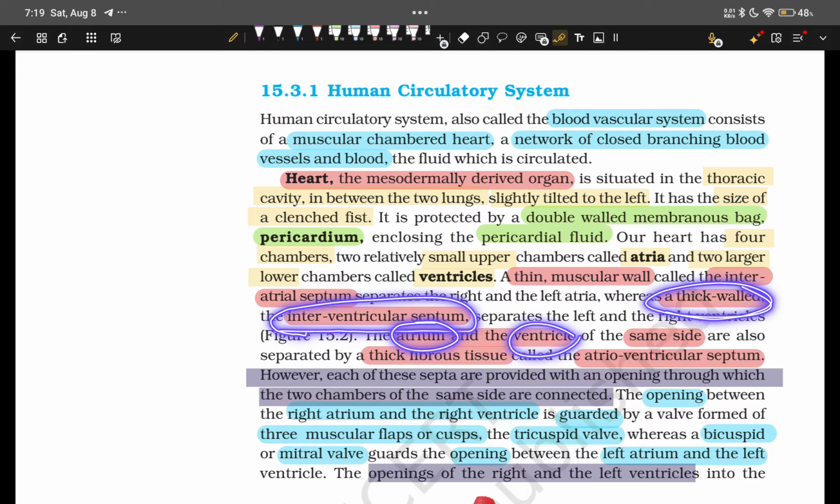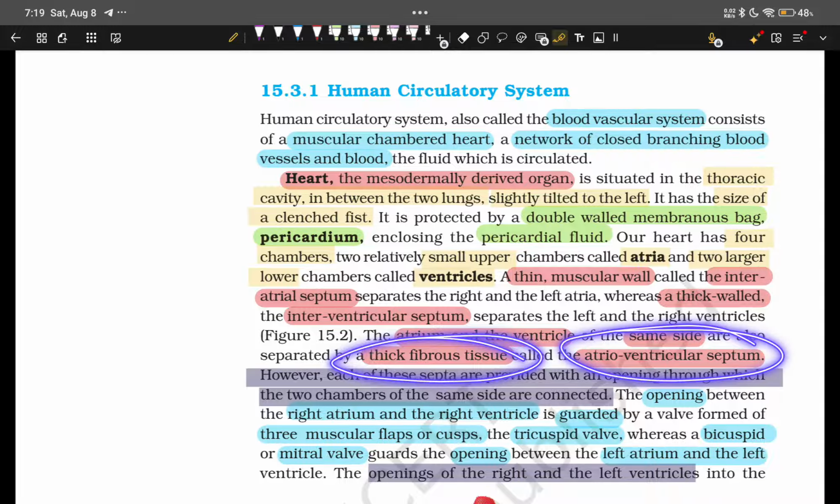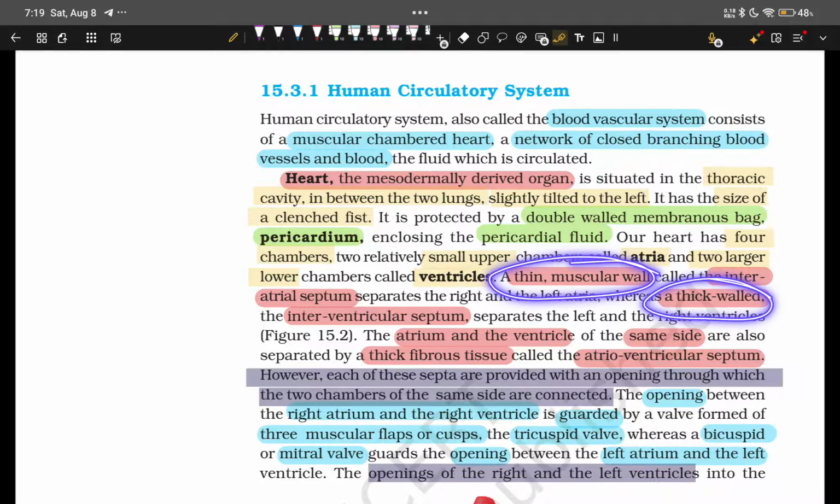Then the atrium and ventricle of the same side are separated by thick fibrous tissue, called the atrioventricular septum. And you have to understand one thing: the interatrial septum is a thin muscular wall, the interventricular septum is a thick muscular wall, and the atrioventricular septum is thick fibrous tissue.